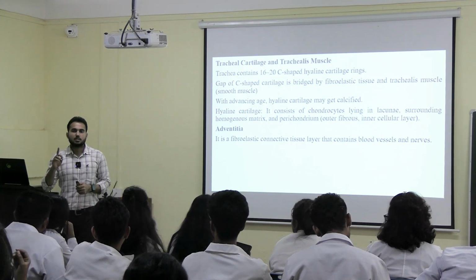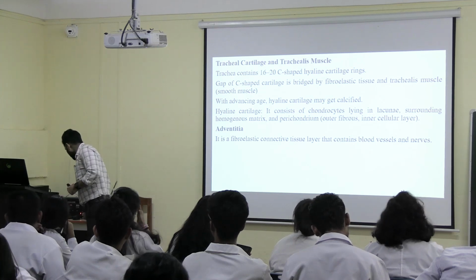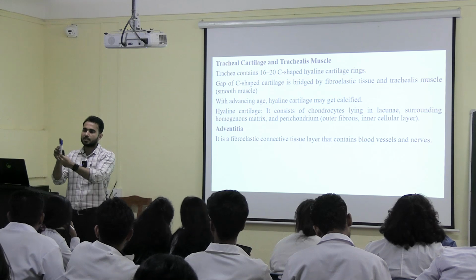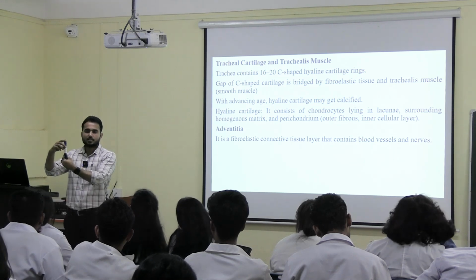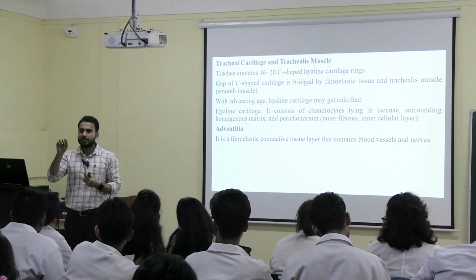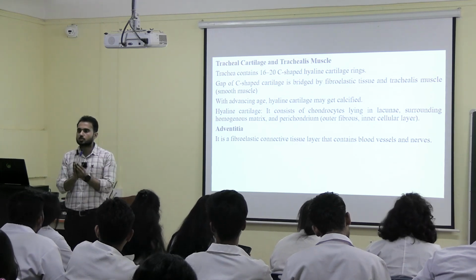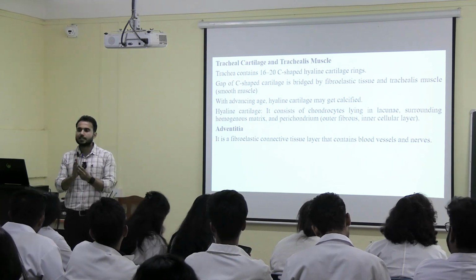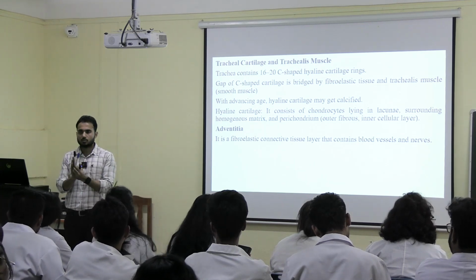See, I have told you about the relation of the trachea and esophagus. Anteriorly क्या रहता है? Trachea रहता है. Posteriorly क्या रहता है? Esophagus. If you see the lumen of the esophagus, it is always closed. हमेशा बंद रहता है. Whenever you are swallowing something, at that time it will open, and then again it will close.